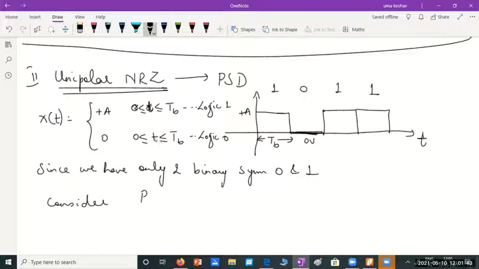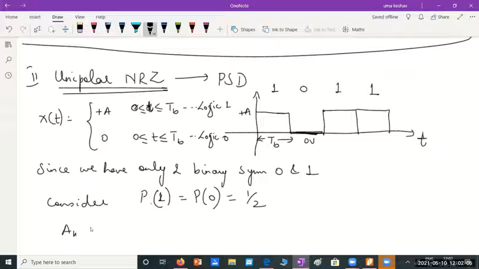Once I define the value of the symbol, I should define its probability. Consider the probability that the symbol is a 1 is equal to the probability that the symbol is a 0, which is half. So if both are equiprobable, it is half.